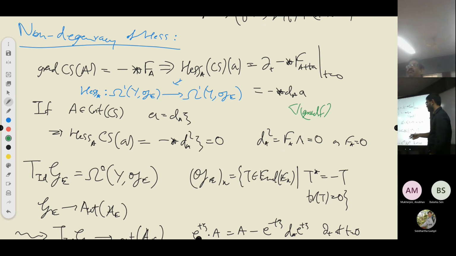It takes in a vector, spits out another vector. So in that sense, I've already incorporated the duality right here when defining what the Hessian is. I don't know if that's a very standard thing in Riemannian geometry or not, but this is the definition of Hessians that I've come across.